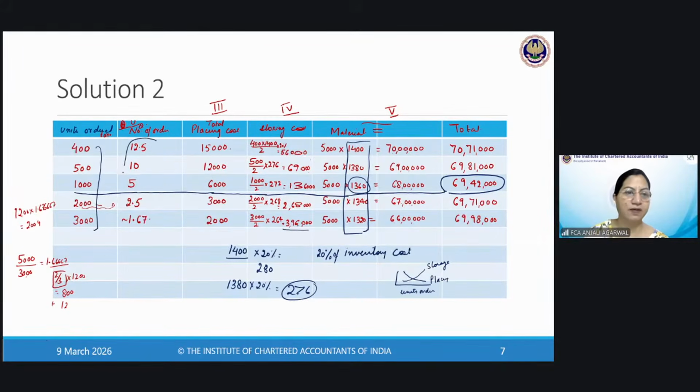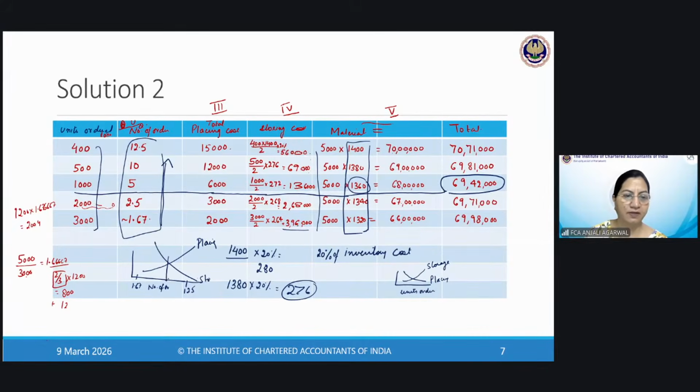However, if you place number of orders on the x-axis, so 1.67 orders are here, 12.5 orders are here, you can see that as the number of orders is increasing, your placing cost is also increasing, and storage cost goes from 396 to 56,000.